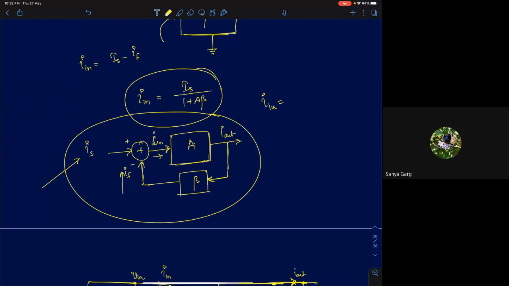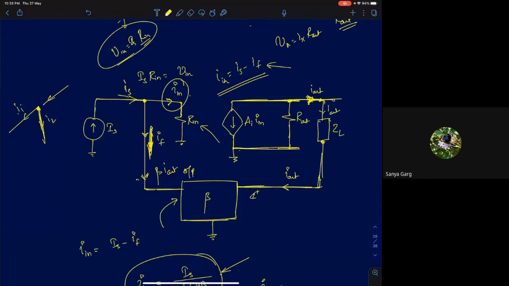This will hold true because, as we discussed in the beginning of the lecture, IS and I out are independent. This result generally holds true. Whatever be the input quantity, a small fraction of it will appear across the amplifier, and that fraction is the input quantity upon 1 plus A beta. So that's the input current IN.